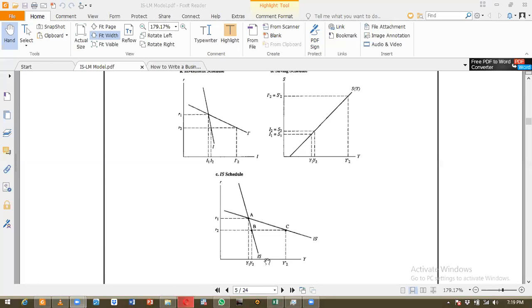Okay, so moving from Y1 to Y2 prime is way bigger than moving from Y1 to Y2. So this means that the sensitivity of income to changes in interest rate from the IS curve depends on the sensitivity of investment to changes in interest rate. Is that okay?